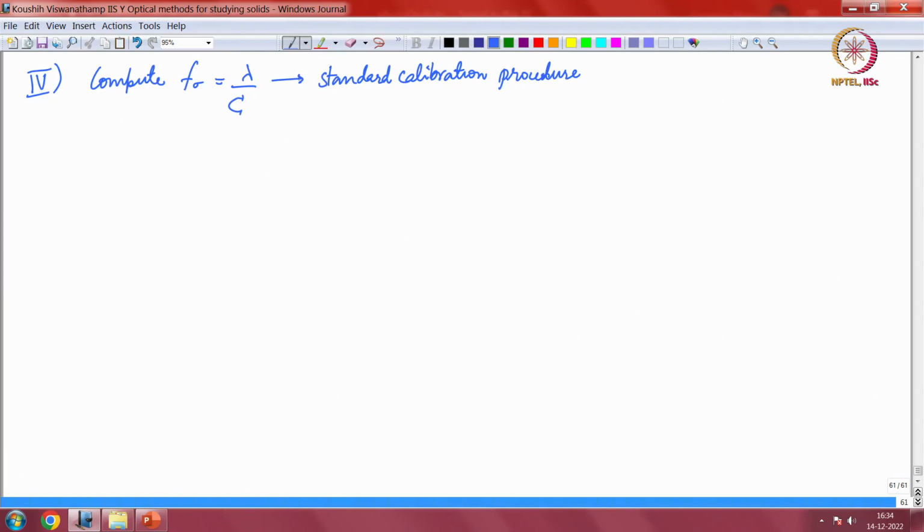And this usually involves a known loading condition. So, you know what the stress is, and you know what the fringe number looks like, and you know what the principal stress difference is, because you know the stress everywhere inside, and you just match the two of them and then you get the value of f sigma. That is typically what you would do.